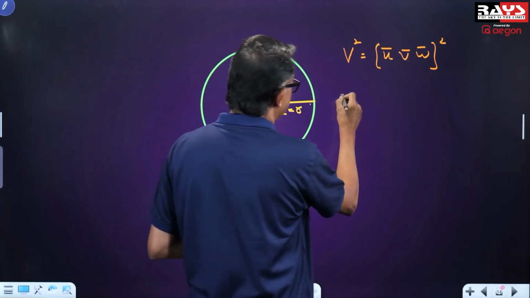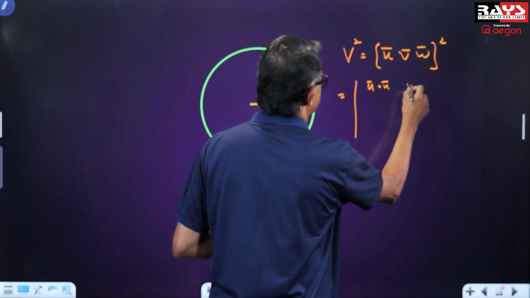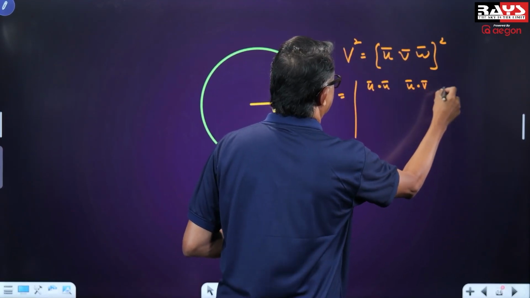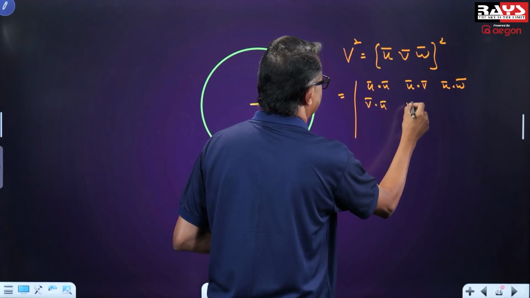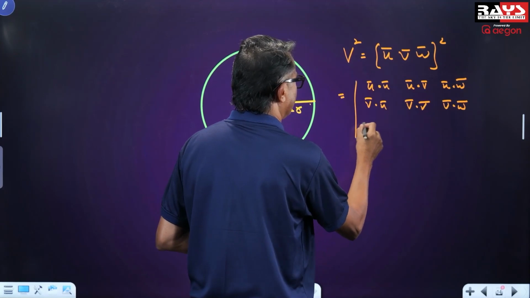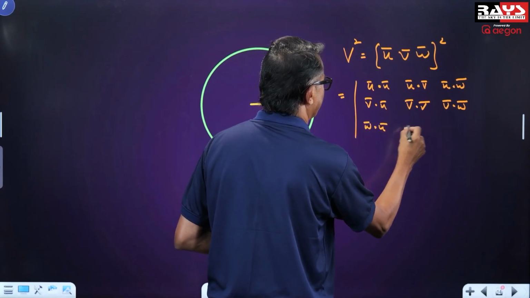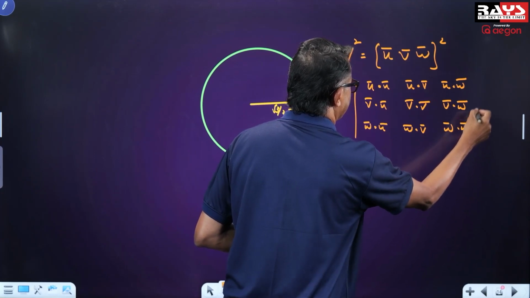Now box uvw is equal to what? Determinant: u dot u, u dot v, u dot w; then v dot u, v dot v, v dot w; then w dot u, w dot v, w dot w.